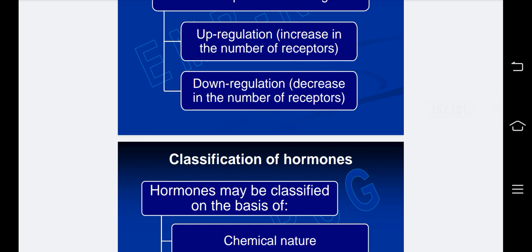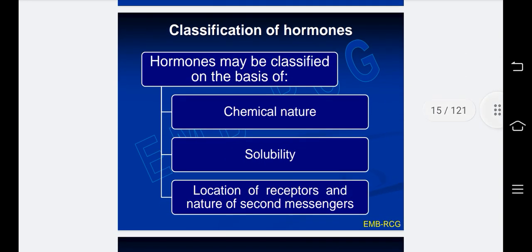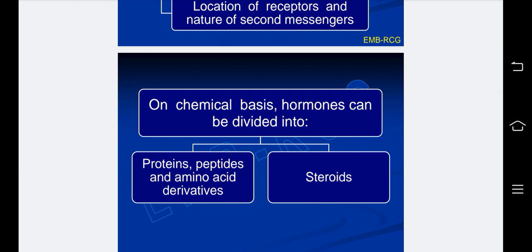Then classification of hormones. Hormones may be classified on the basis of chemical nature, solubility, location of receptors, and nature of second messengers. First, on a chemical basis, hormones can be divided into proteins, peptides, and amino acid derivatives. Then steroids. And earlier we mentioned another category, which is amino acid related hormones derived from tyrosine.